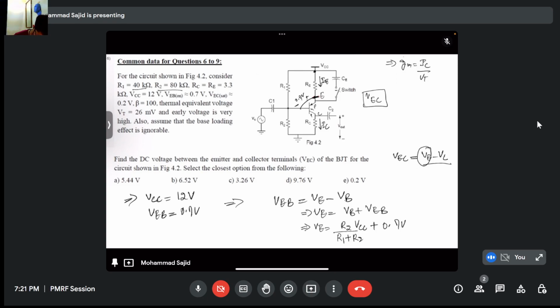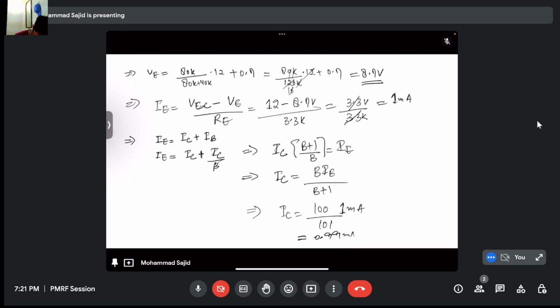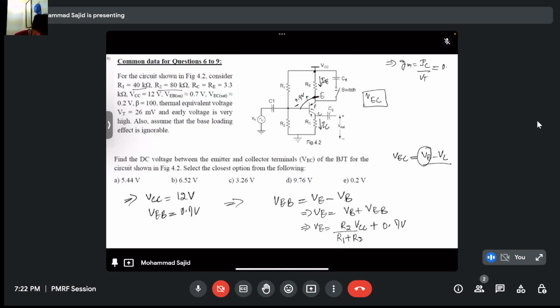I think we found IC in one slide. Okay, IC is here. It's around 0.99 milliamp. So at this condition, you can directly find gm as 0.99 milliamp divided by 26 millivolt. It comes out to be 38. I think there is a mistake here.